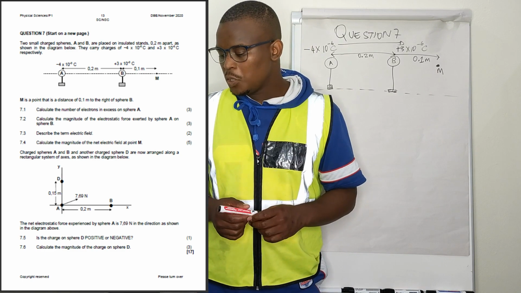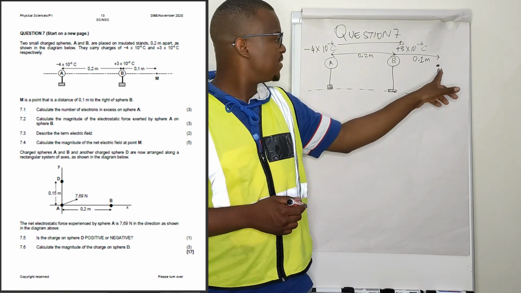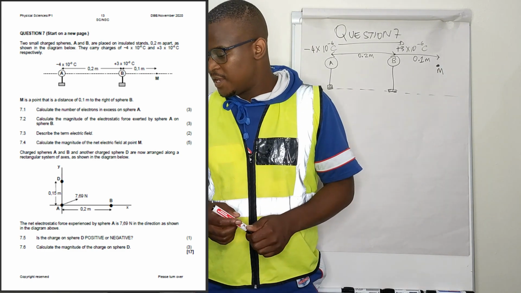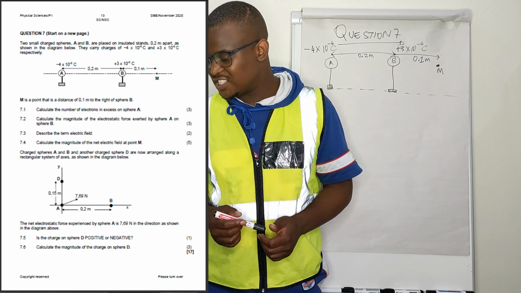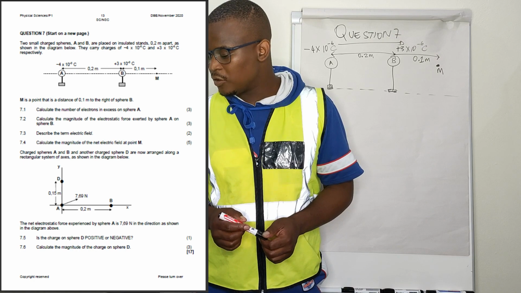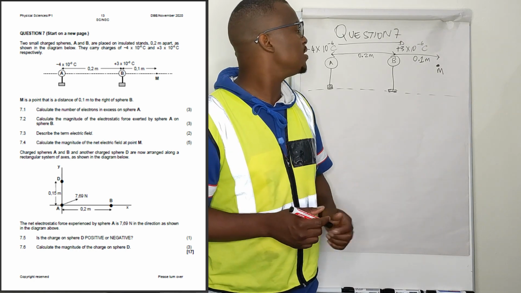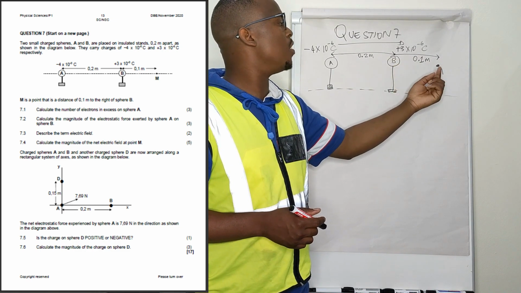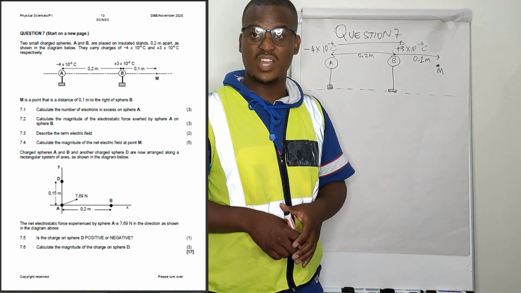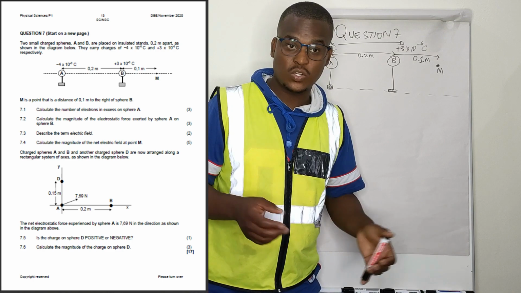You are told that point M is a distance of 0.1 meters to the right of B. So point M here is 0.1 meters away from sphere B. That's the information that you're told.